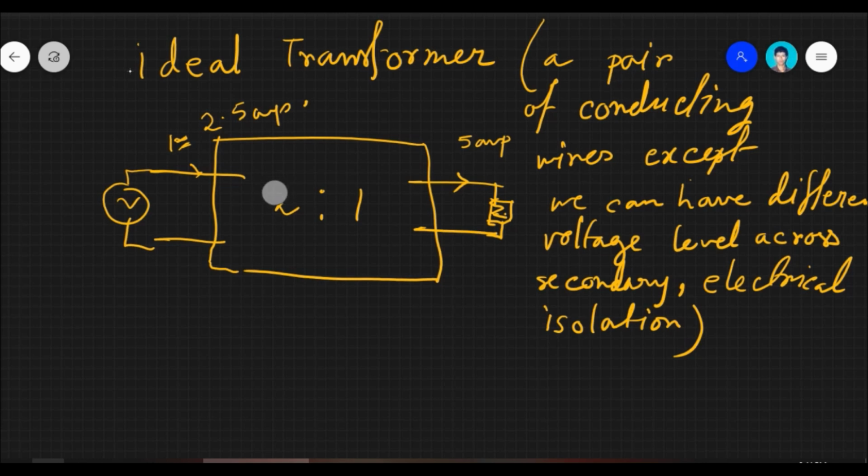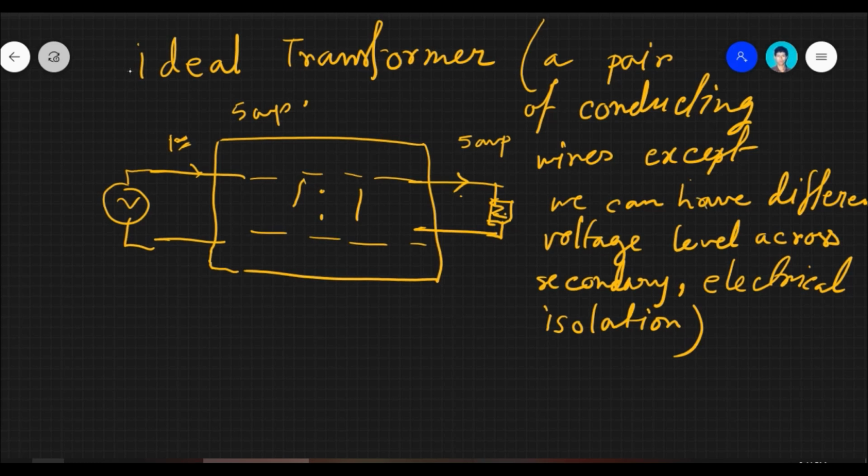And if you have 1:1, then just like a pair of conducting wire, whatever current is there, if it is 5 ampere, it will be 5 ampere.